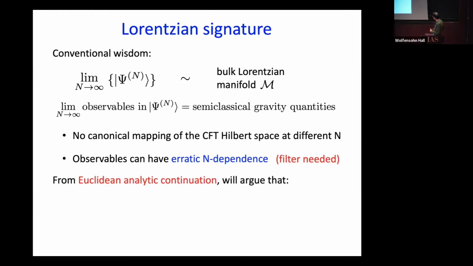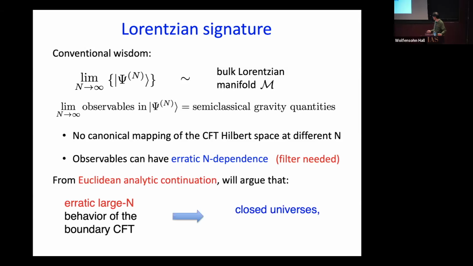From Euclidean analytic continuation, we can try to get some feeling for what this kind of filter does for the Lorentzian signature. So we argue that in this case the erratic large n behavior of the boundary CFT is related to the emergence of closed universes and black hole interiors.